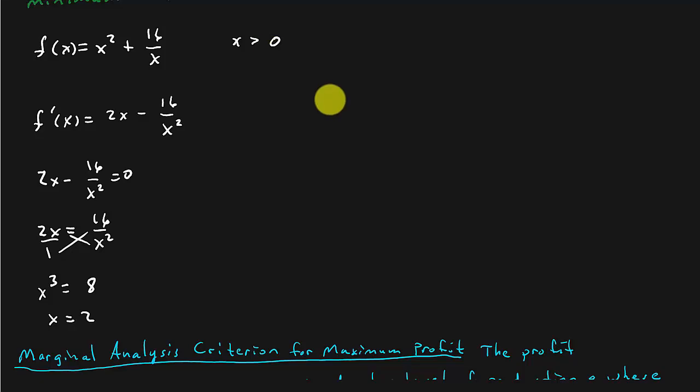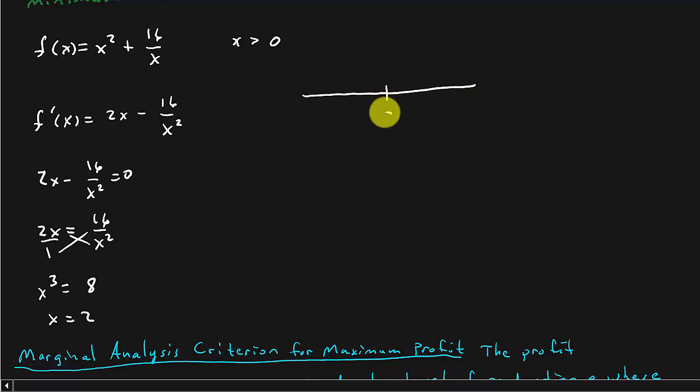Okay, so when we look at this, we look at the 2 here, and say if I choose x equal 1 and x equal 3, and I take the 1 here and I plug it into the derivative, then I get 2 minus 16. That's negative, right? So that tells me here it's decreasing.